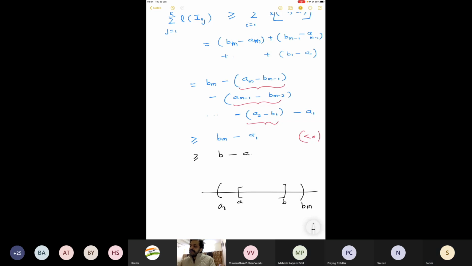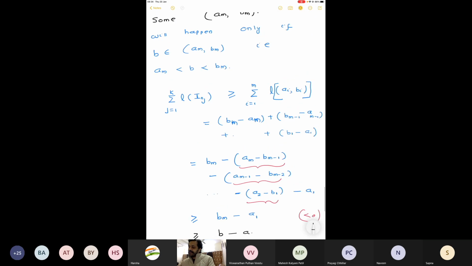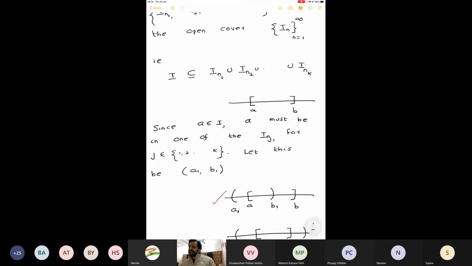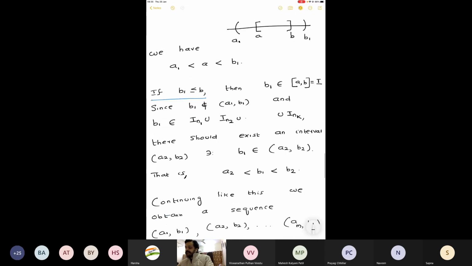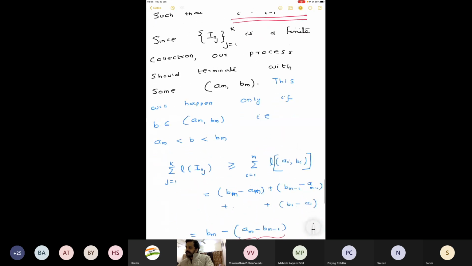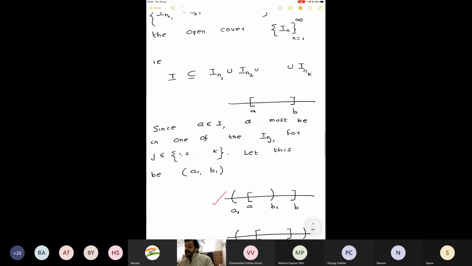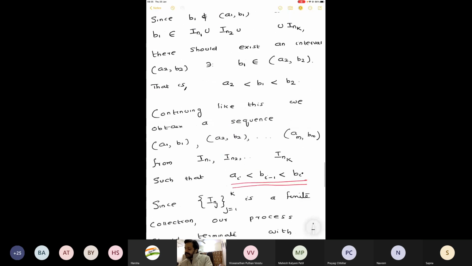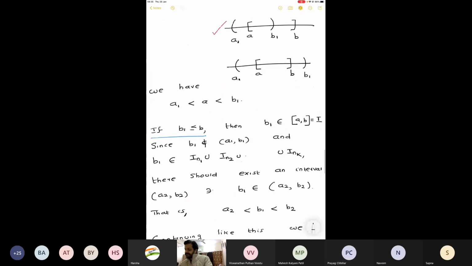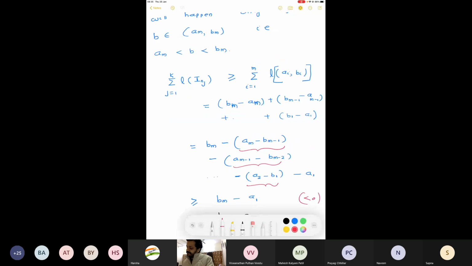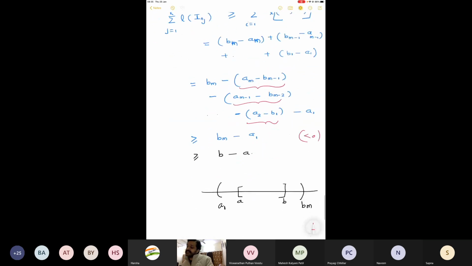Yes, sir. Now, summation j equal to 1 to k of the length of I_nj is greater than or equal to B minus A. And now see this. I is contained in this. Okay. So, the length of I. So, do you see that the length of I, sorry, M star of I would be greater than or equal to B minus A? So many technical details are involved.